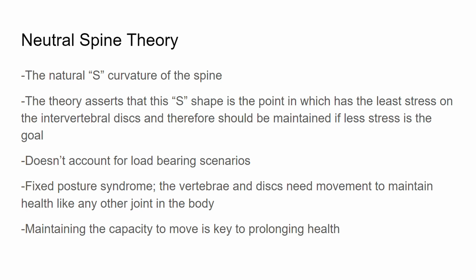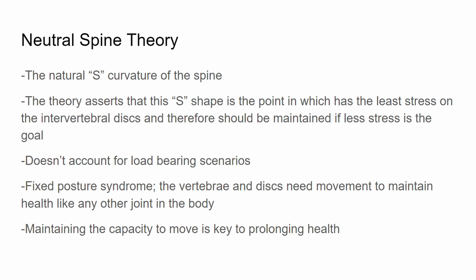Some people tend to take it a little far and totally flatten out all curvature of the spine, thinking that they're correcting for hyperlordosis or kyphosis, when in actuality, the curvature of the spine that makes this S shape helps with load distribution along all the vertebral bodies, and the flattening of that actually ends up causing more stress along very specific areas of the vertebral bodies, which can lead to some irritation or just arthritic changes.